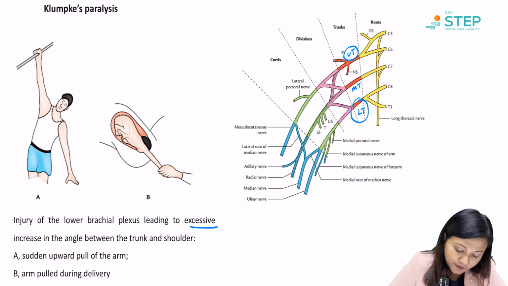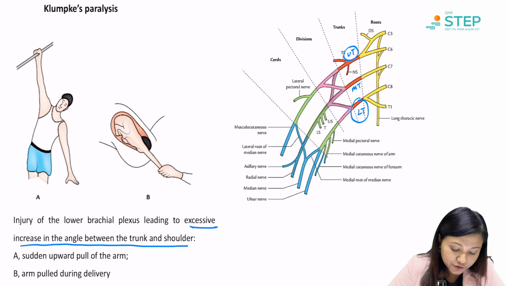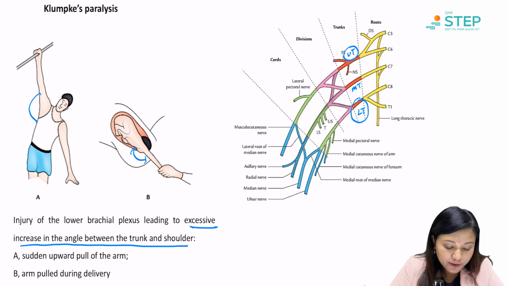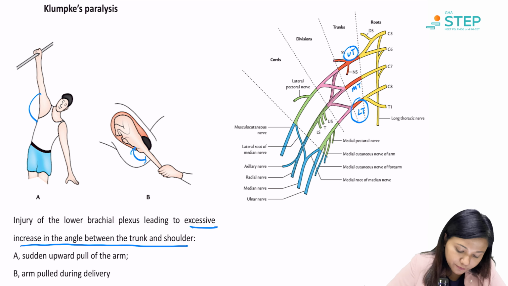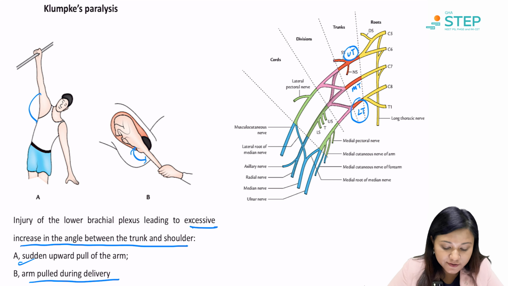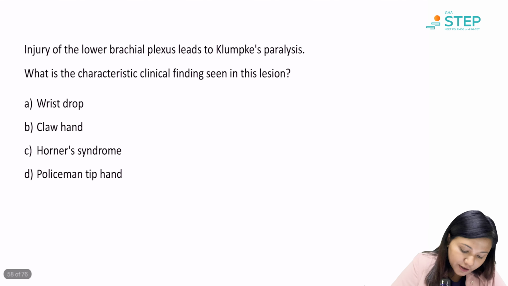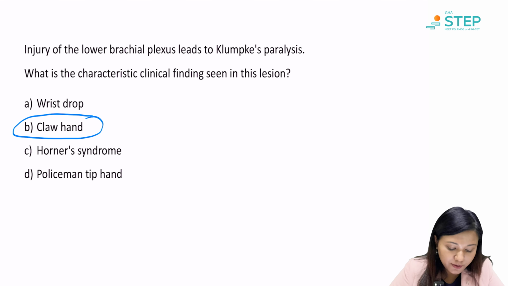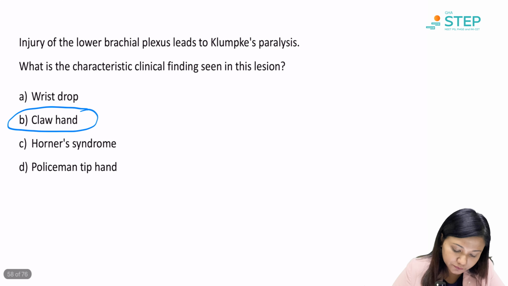If there is an excessive increase in the angle between the trunk and the shoulder, then there will be Klumpke's paralysis, from a sudden upward pull of the arm. If the arm is excessively pulled during delivery, then also there will be Klumpke's. So Klumpke's paralysis is in lower trunk injury, and Erb's is in upper trunk injury. So here the correct answer will be claw hand. The more prominent feature will be claw hand. Okay.